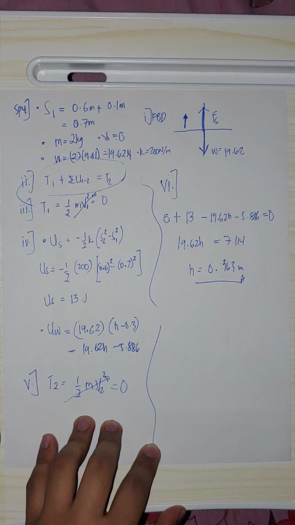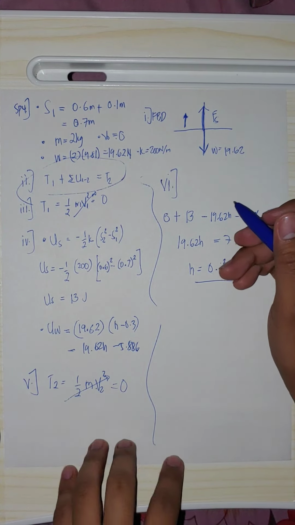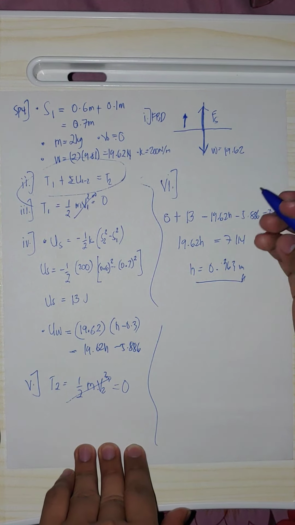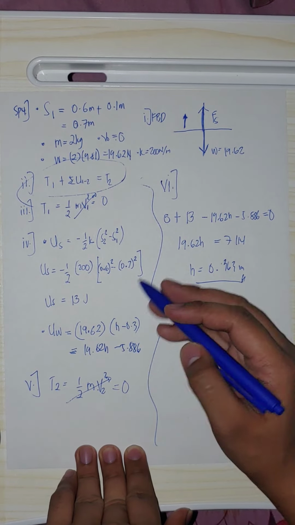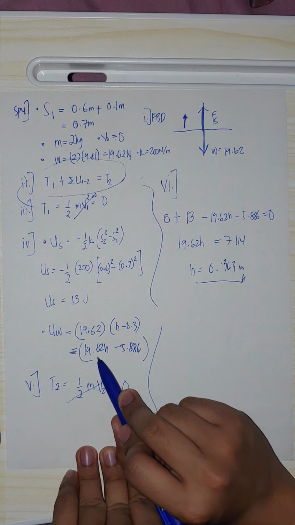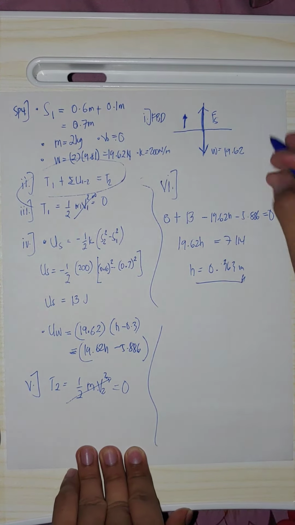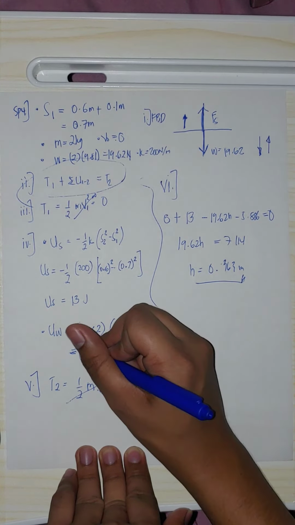But this is questionable because H has 0.3 added to it, and then we notice that something is wrong. We forgot to write the sign. The sign convention for the work done due to the weight is negative, since the weight is going downwards and the motion is going upwards.